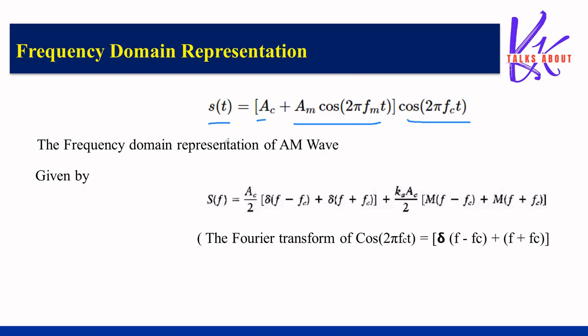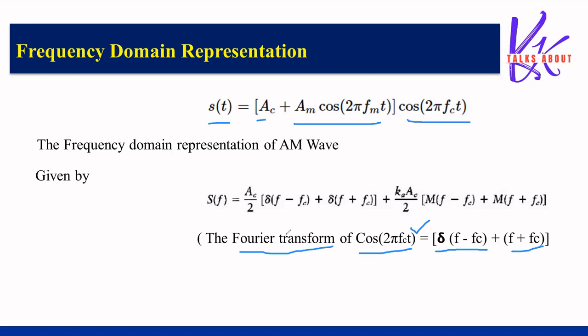To convert a time domain equation into a frequency domain representation, we need to apply the Fourier transform. If we apply the Fourier transform to a cosine signal, for example cos of 2 pi fc t, it is represented as delta of f minus fc plus delta of f plus fc.